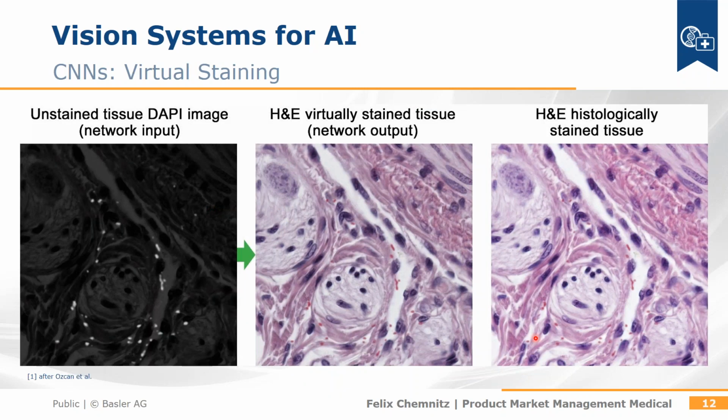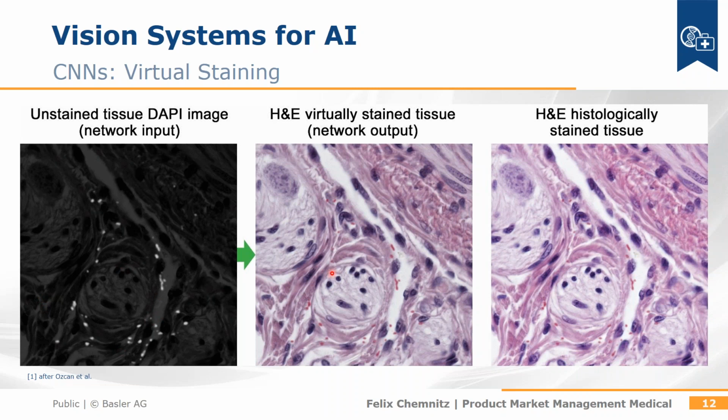So to move on, an example directly from the medical field. Özcan Aydogan did a paper about this, and to give you a short explanation, they trained a network using tissue from a biopsy under the DAPI image. So this would be a fluorescence image. If you put on the blue light, you will see the autofluorescence of the tissue. So this is the first image.